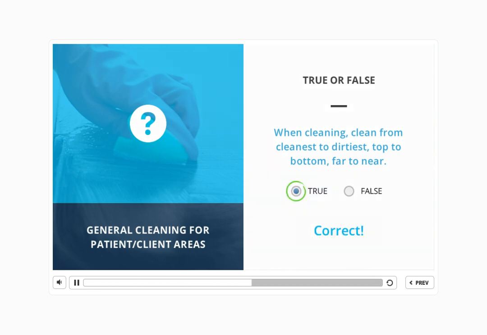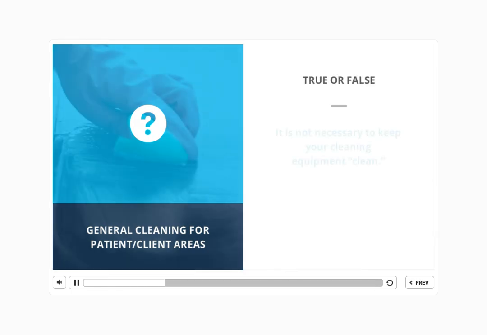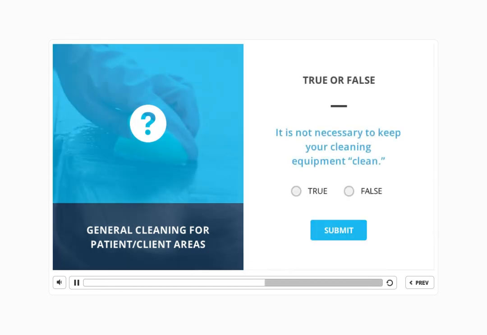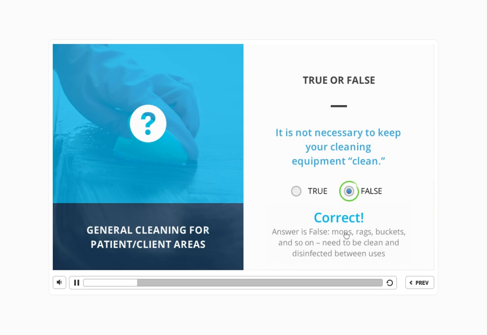Answer is true. Select true or false. Answer is false. Mops, rags, buckets, and so on need to be cleaned and disinfected between uses.